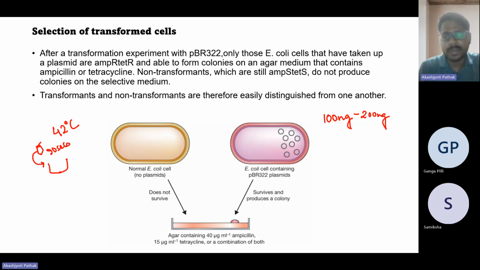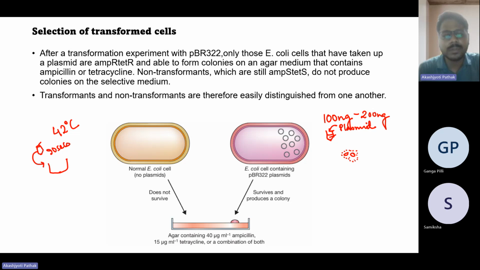You take this amount of plasmid and add it into the competent cells that you have prepared, the E. coli competent cells. So you have this bacterial culture, and when you add this plasmid, the plasmid will remain in the environment of the bacteria.